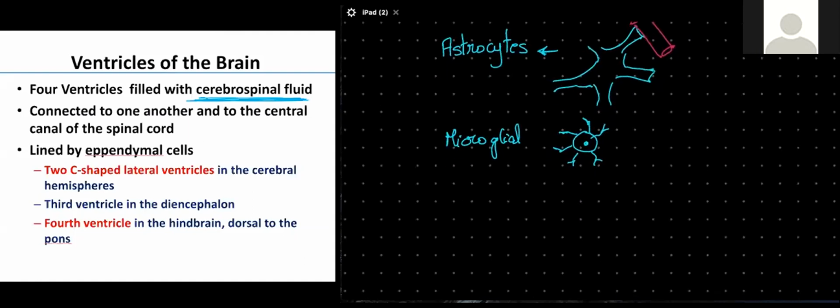We've seen another type of neuroglial cells, and those are the oligodendrocytes. If you remember, oligodendrocytes are the cells responsible for the myelination of the nerve fibers inside the CNS. And we call them oligodendrocytes because they have few processes.